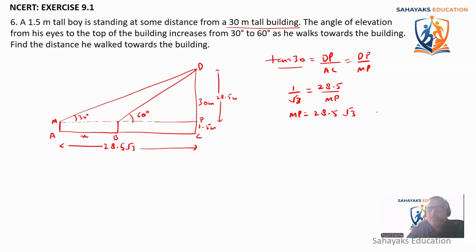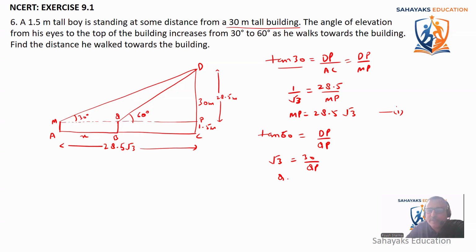Now, this is the first equation. Now, the second equation we'll find with tan 60, sorry, not tan 30, tan 60. I'll just say this point is Q. Tan 60 is equal to dP by QP. Now, what is tan 60? The value comes out to be root 3, is equal to dP, which is 30, divided by QP.